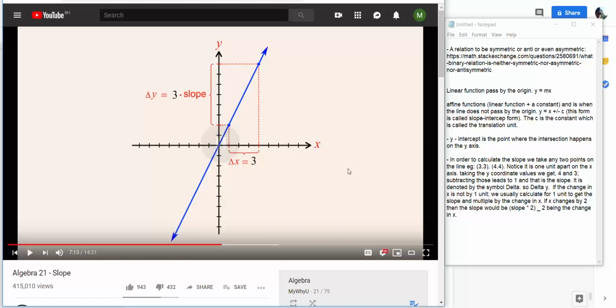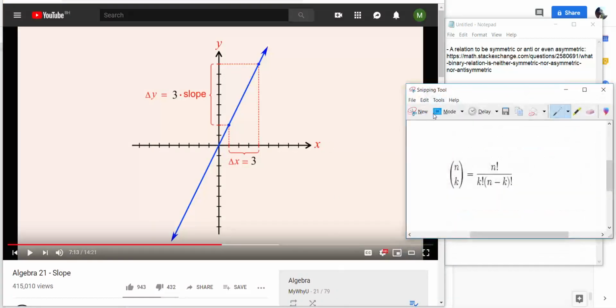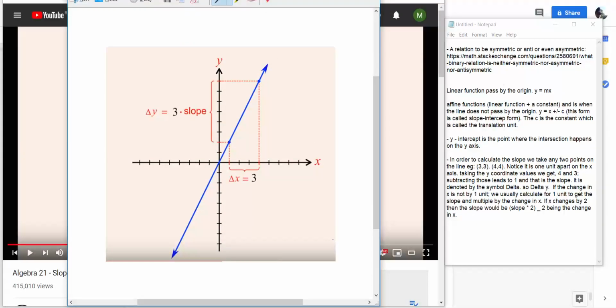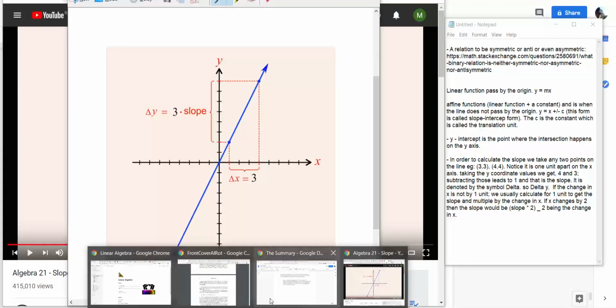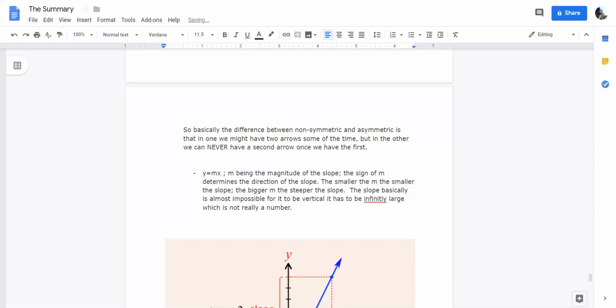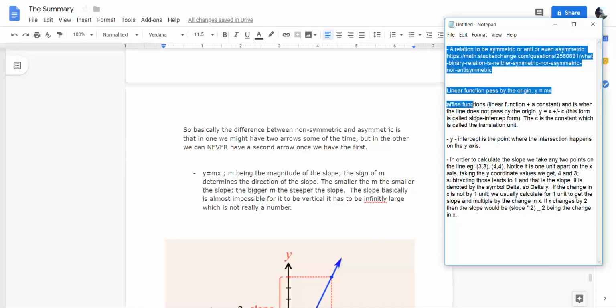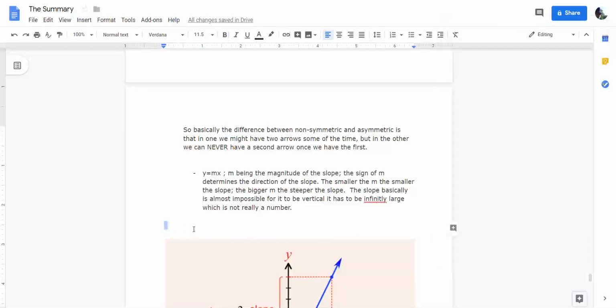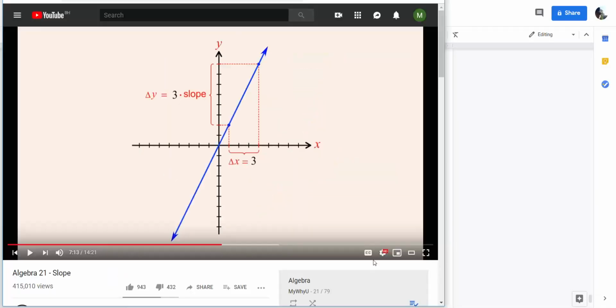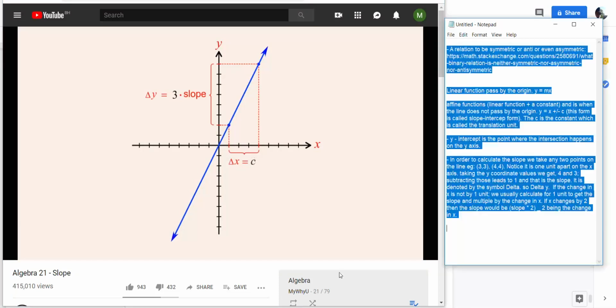In general, if delta x is multiplied by any constant c, delta y will change by the same constant multiple c.